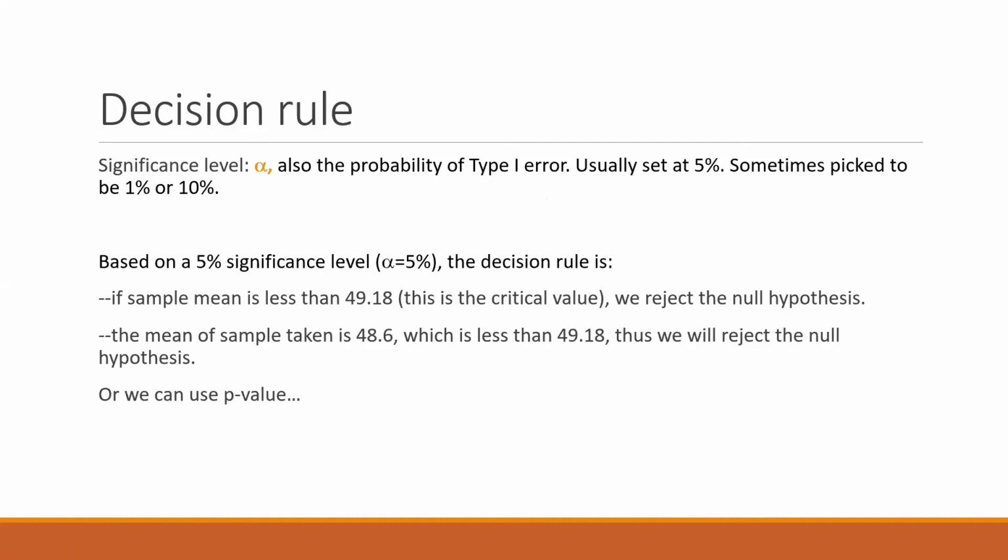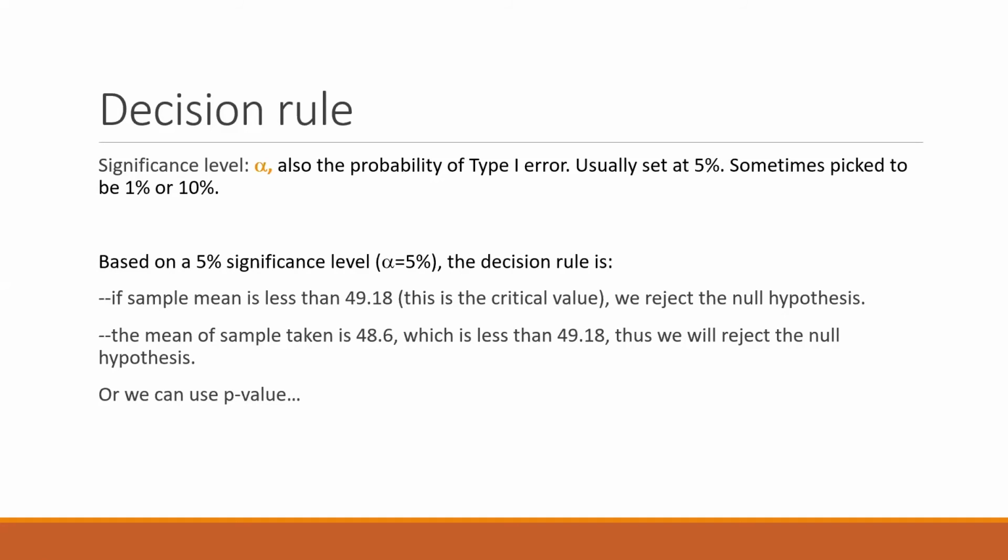Let's just use 5% for our course, unless otherwise specified. If we pick 5% significance level, the significance level will determine the decision rule, in terms of the rejection region that we didn't talk about. This will tell us the threshold when we can say, oh, this is enough evidence, this is not enough evidence.